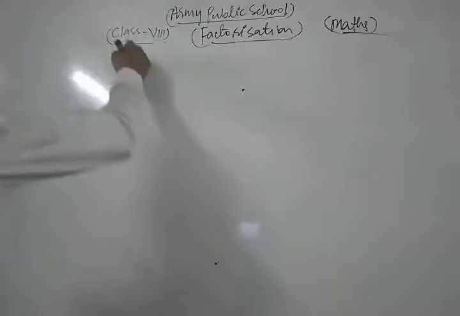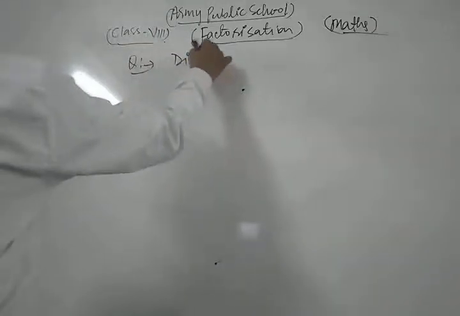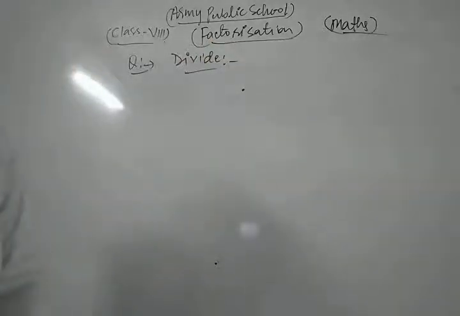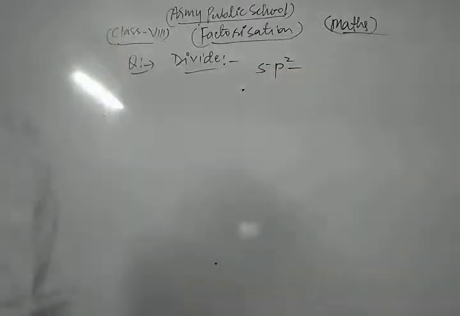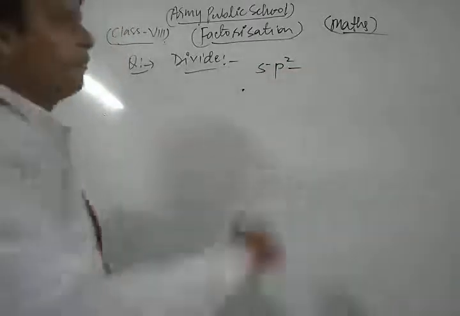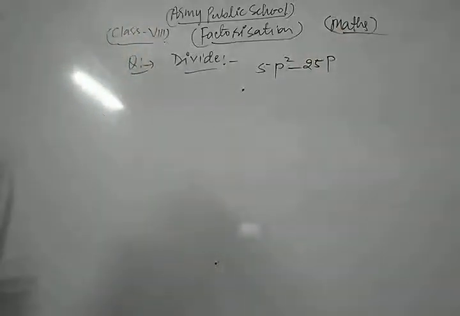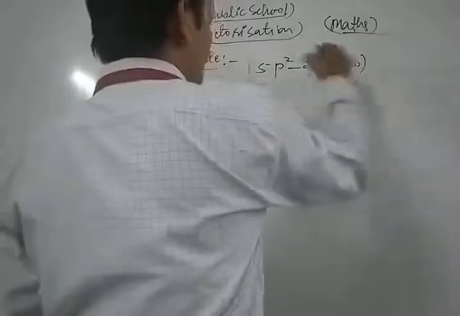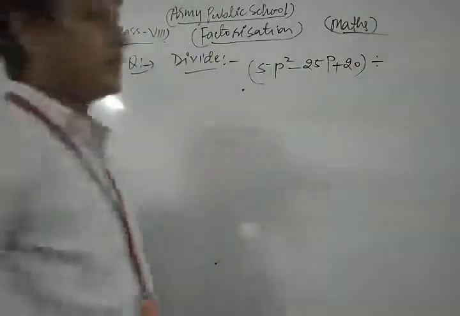Now we take some other important question. Divide 5p square minus 25p plus 20 by p minus 1.